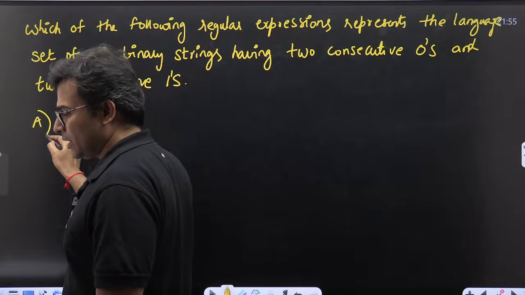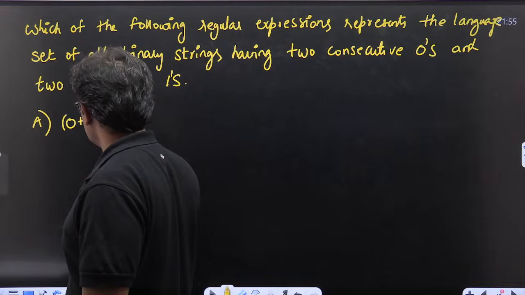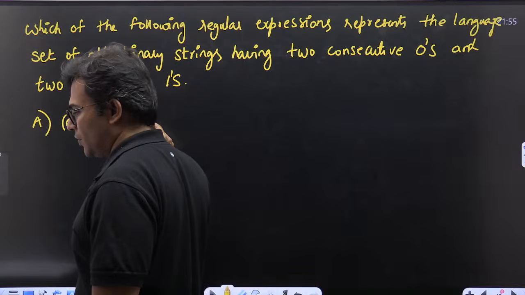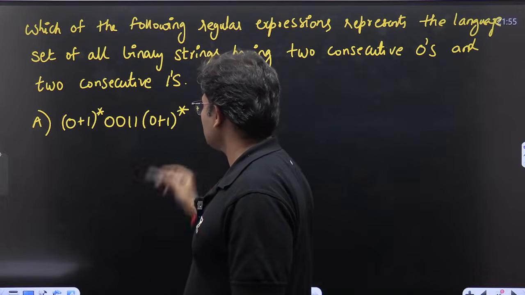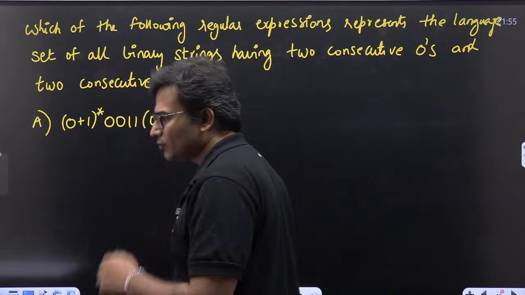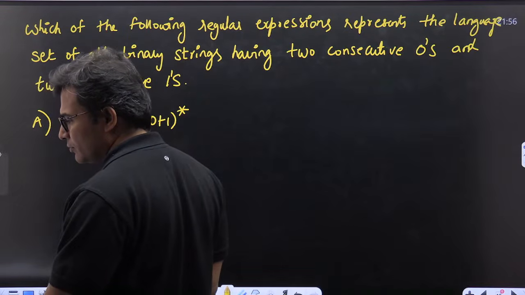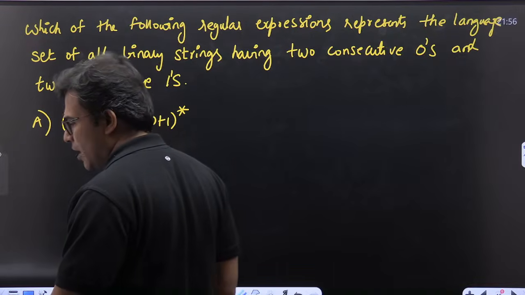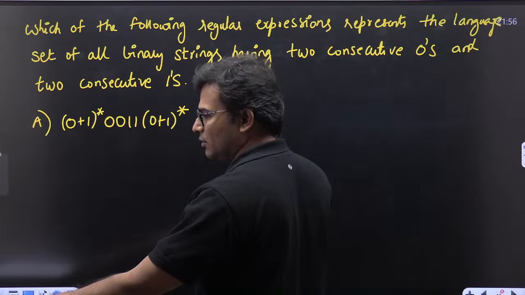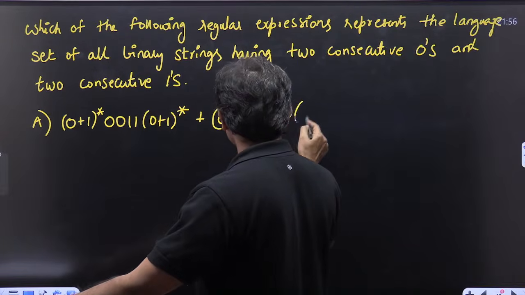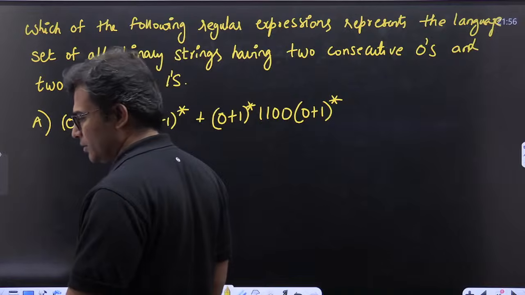Okay. A: (0+1)* 00 11 (0+1)* plus (0+1)* 11 00 (0+1)*. Right.